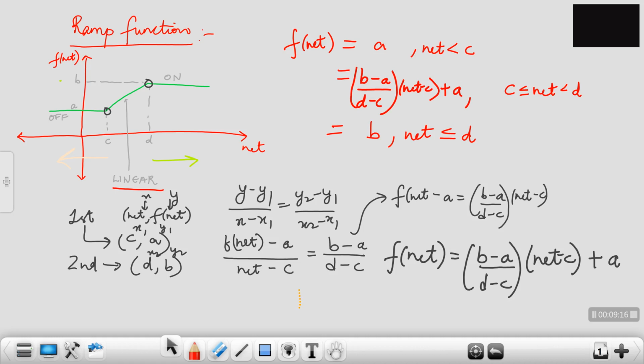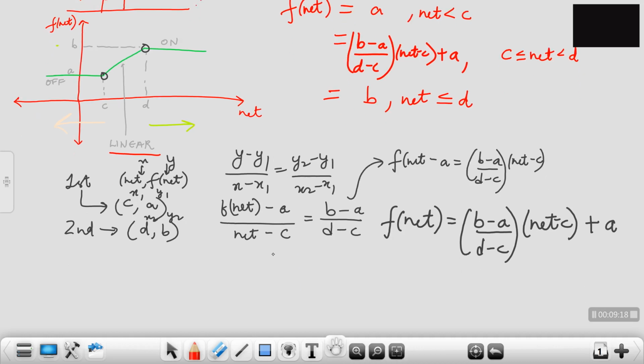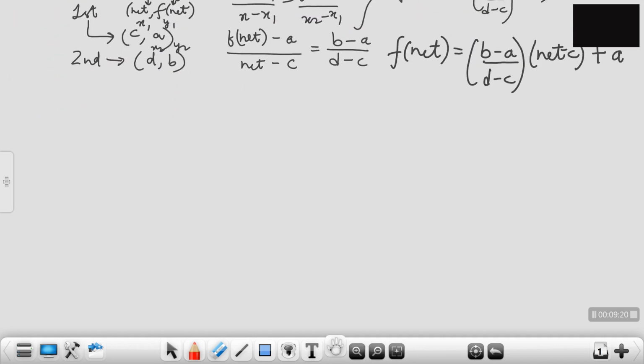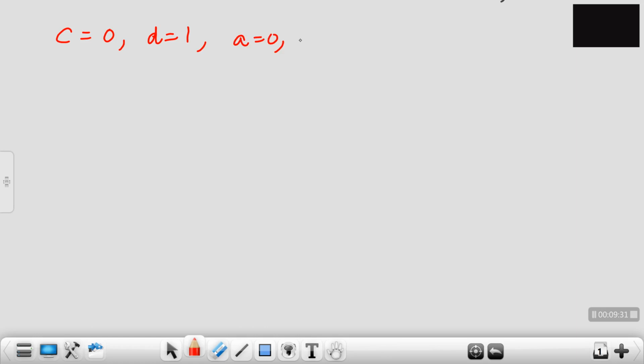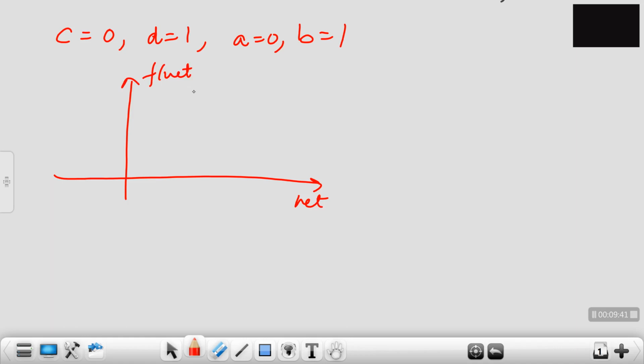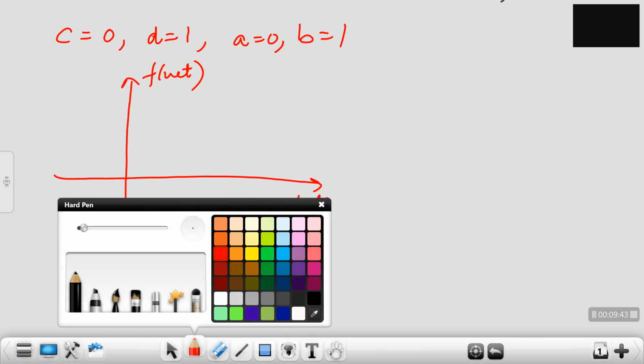We'll go to the next part wherein, in this particular graph, c is equal to 0, d is equal to 1, a is equal to 0 and b is equal to 1. So how would we get this? So this is net, this is f of net, and we shall be drawing the graph.